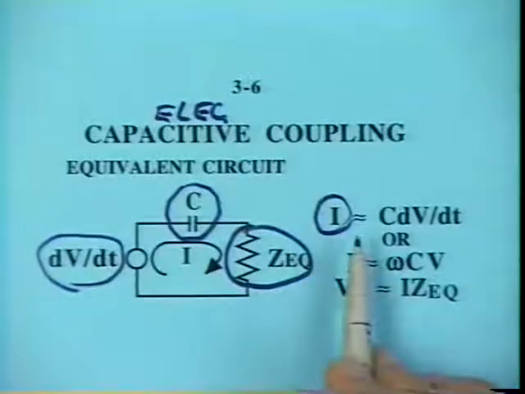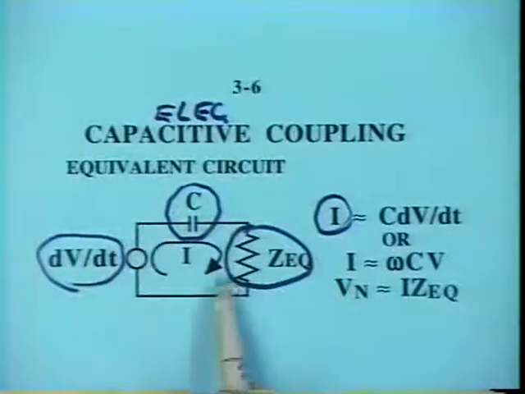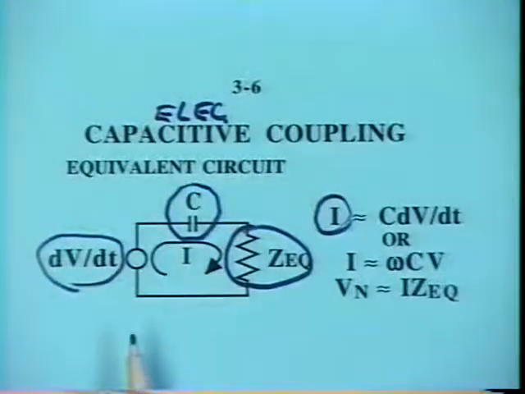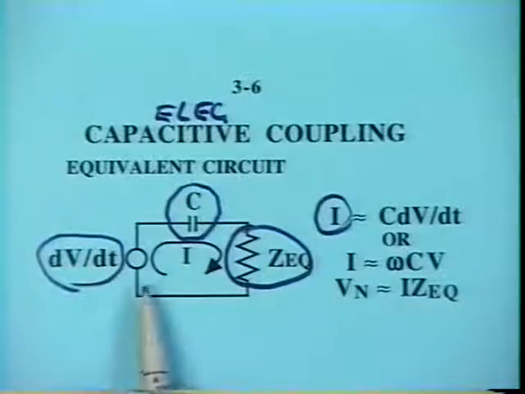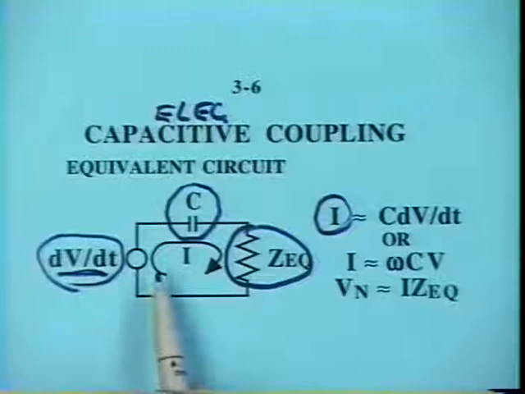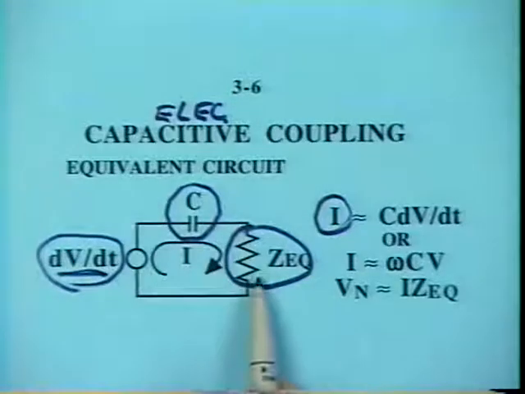So what we're going to say is that electric field coupling looks like a constant current source. Not constant in time, but constant in RMS amplitude. And that's kind of a surprise in a way. The electric field is generated by a voltage difference, but what the electric flux injects into the neighboring circuit, it doesn't induce directly a voltage.